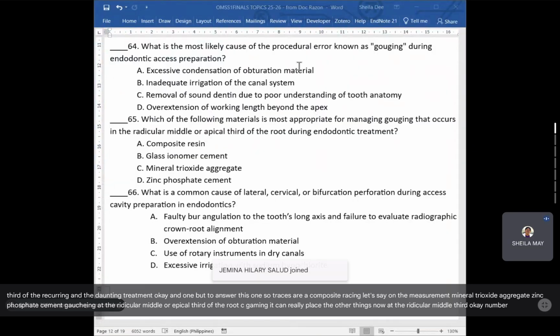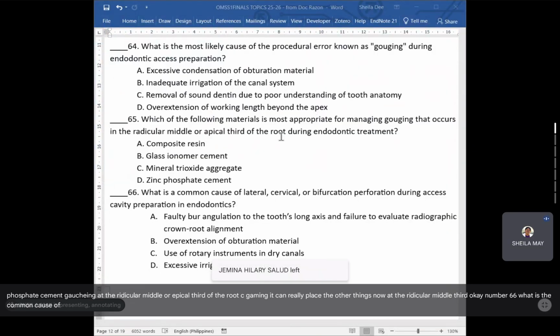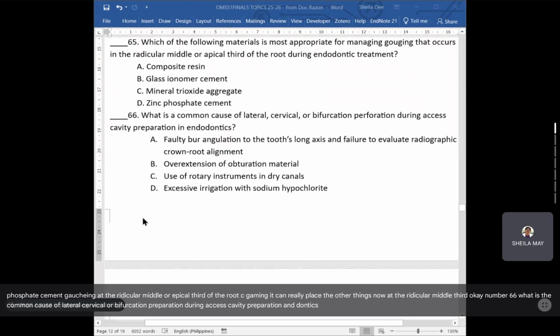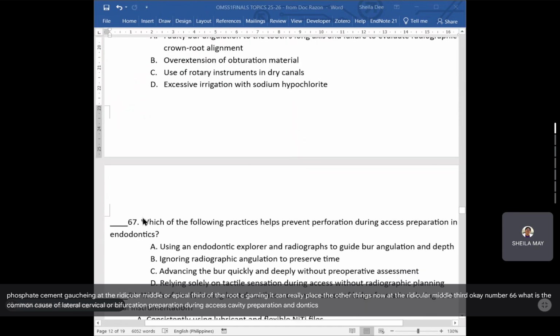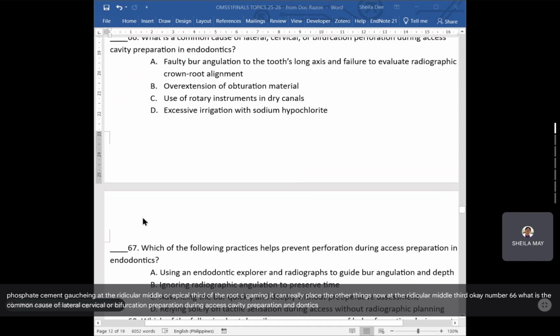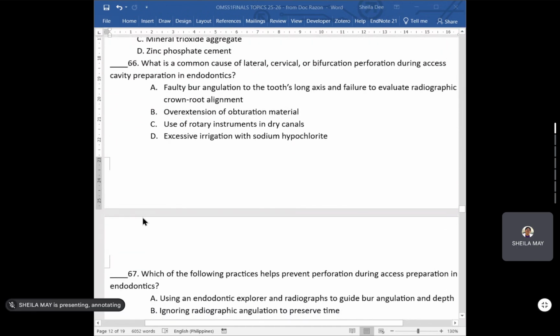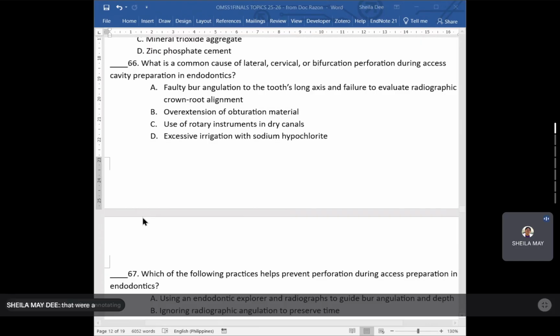Number 66. What is the common cause of lateral, cervical, or bifurcation perforation during access cavity preparation in endodontics? Letter A, faulty burr angulation to the tooth's long axis and failure to evaluate radiographic crown-root alignment.